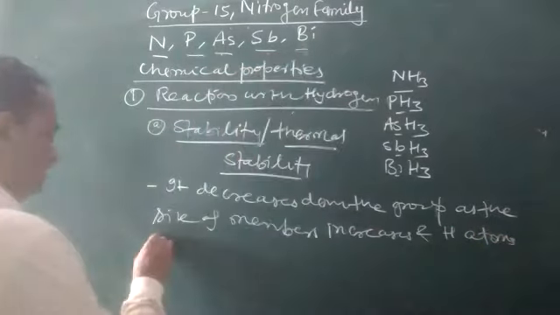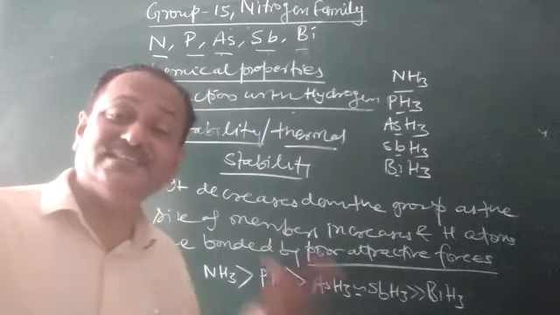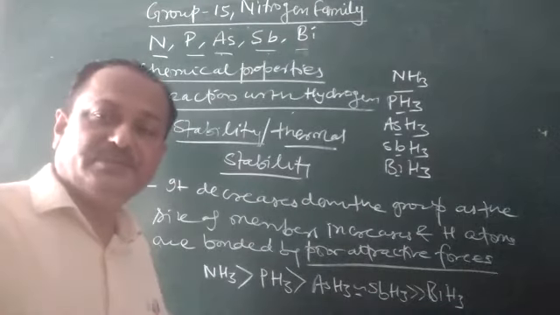So the general trend will be: NH3 is most stable, followed by PH3, followed by arsine. Arsenic, antimony and bismuth are very close to each other, and it is much less than that of bismuth. Bismuth is highly unstable, metallic, and its size is largest. So this is about the thermal stability.